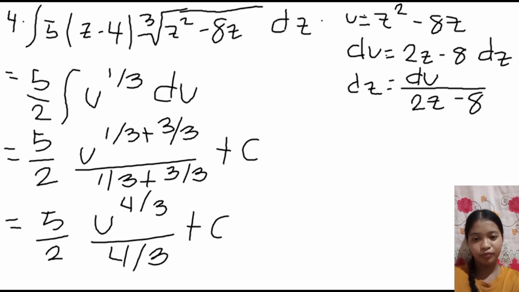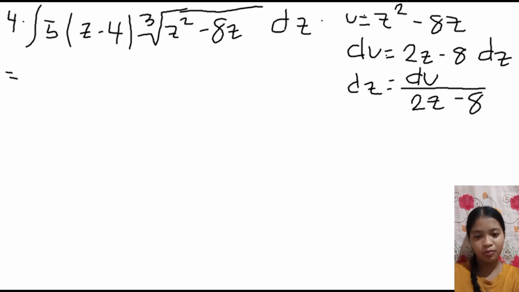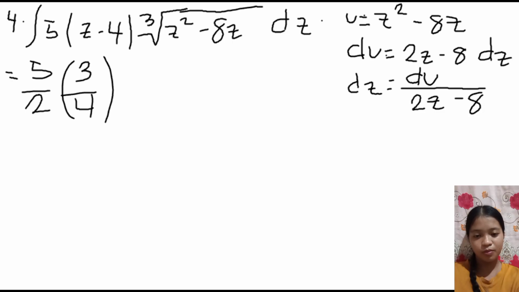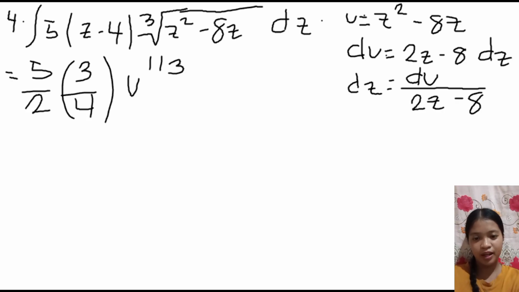And then since the denominator is a fraction, we have to multiply by its reciprocal. So it will become 5 halves times 3/4 u to the power of 4/3 plus c. So it will become 15 over 8 u to the 4/3 plus c.